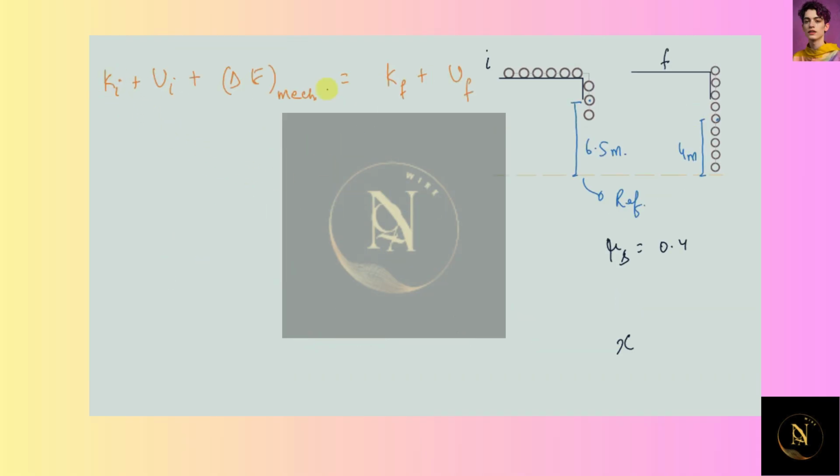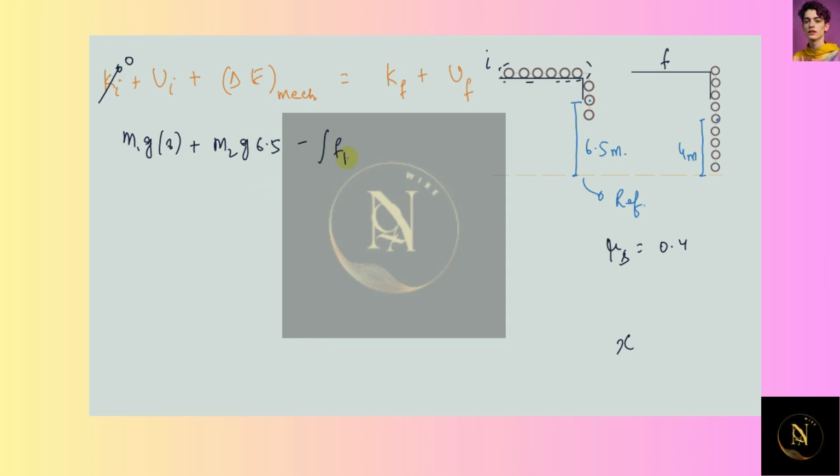Now the initial kinetic energy of this system would be 0 because there is no motion, so Ki would be 0, and initial potential energy would be equal to the potential energy of this portion of chain plus the potential energy of this portion. So we'll get m1 g times y1. So y1 here would be 8 meters because its center of mass would be at 8 meters from the reference, so multiplied with 8 plus m2 g times its center of mass, which is 6.5.